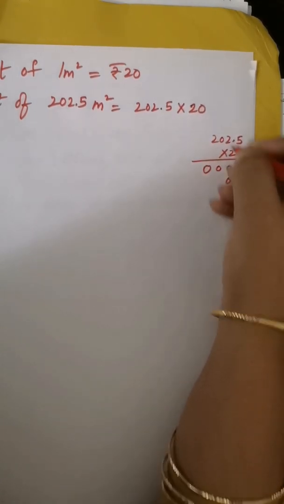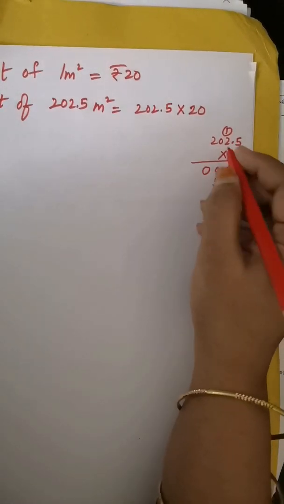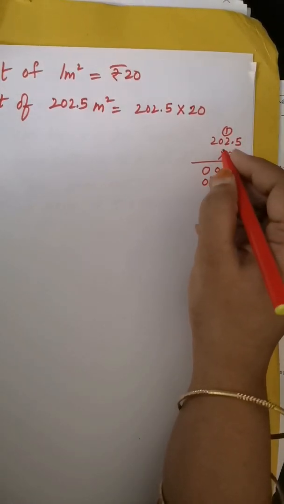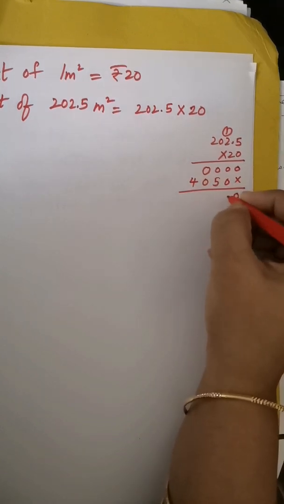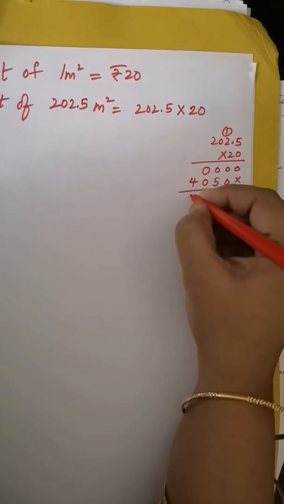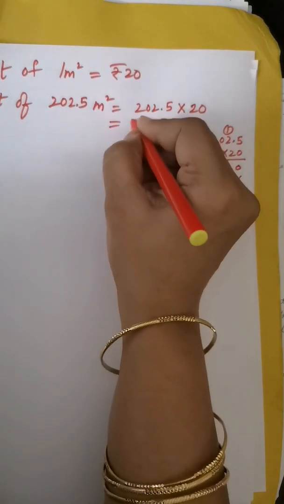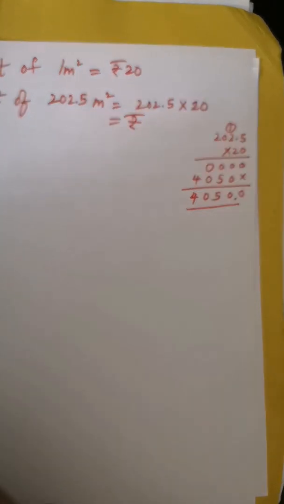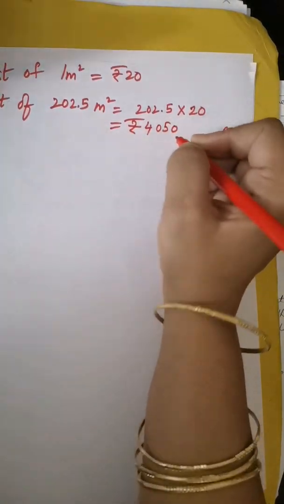Cross mark. 2 5s are 10. 2 2s are 4. 2 0s are 0. 2 2s are 4. So 0, 0, 5, 0, 4. One number dot. So the cost will be 4050 rupees.